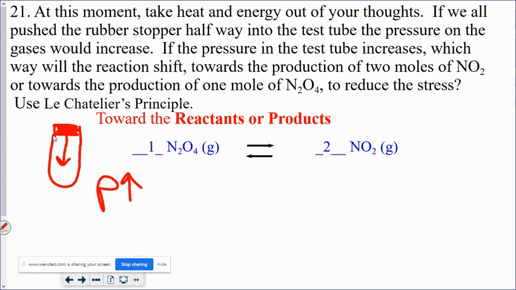Well, if pressure increases and this side over here, since it's only got 1 mole of gas, is at lower pressure, if we increase the pressure, the reaction would shift to try to reduce the pressure, and it would shift that way. So shift towards the reactants. And we would expect it to become lighter brown or more colorless in that instance.